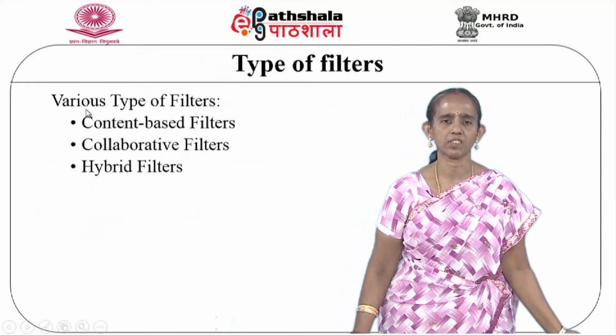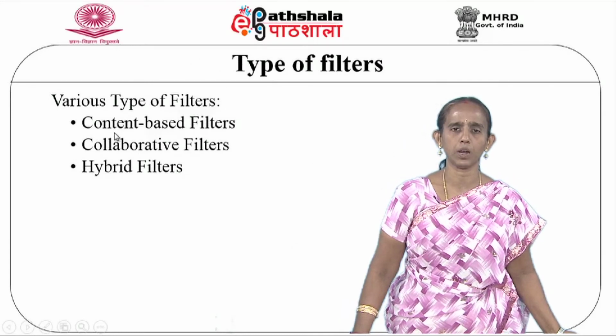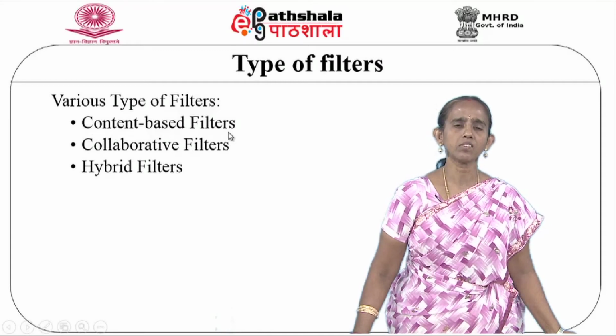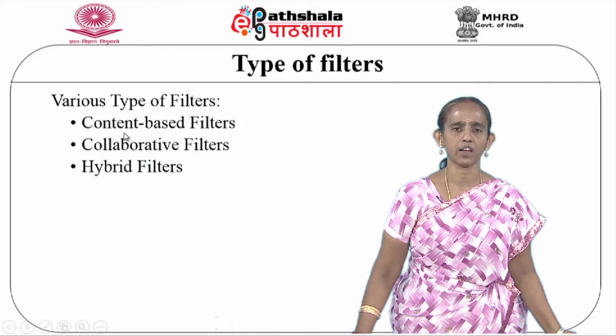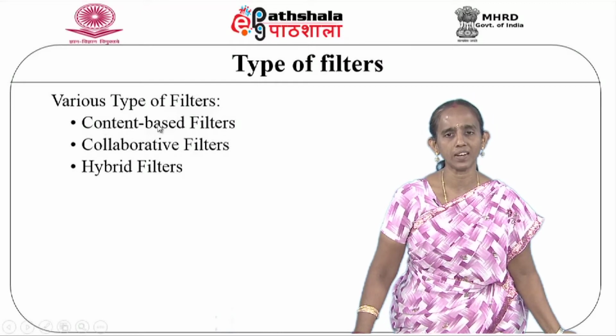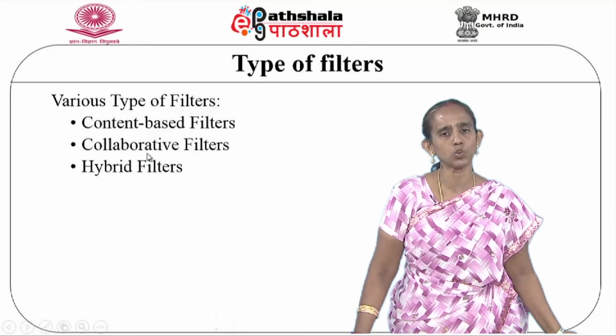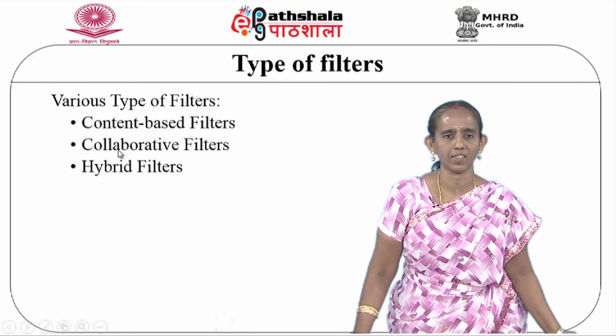There are various types of filters that can be applied over the information available on the internet. These filters remove the unwanted information and provide the user only the needed information, and finally this needed information is visualized in some form or the other.